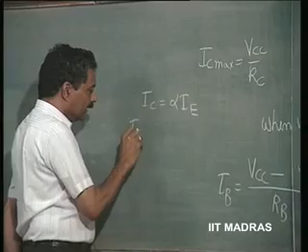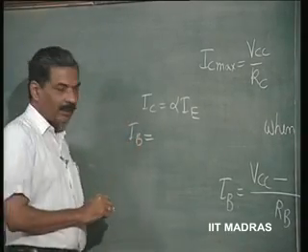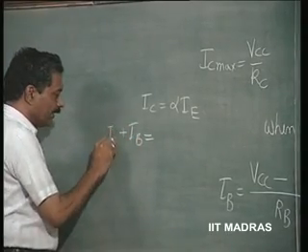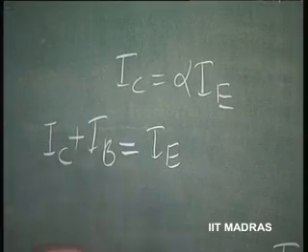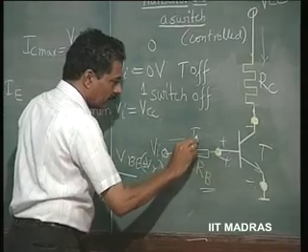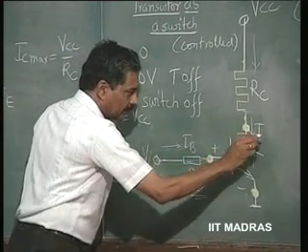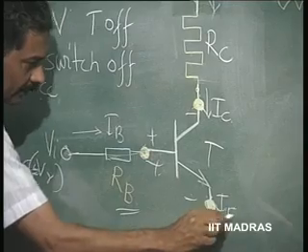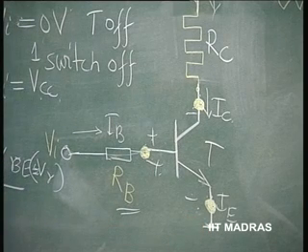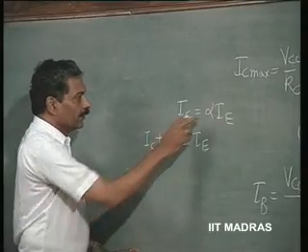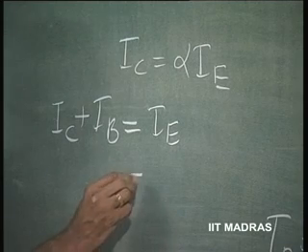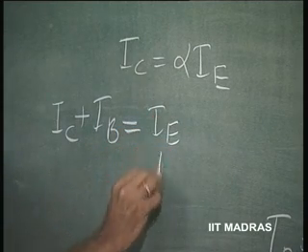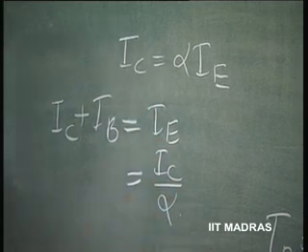Here we know IB. What is IB? We know that IC plus IB is equal to IE. This is always valid. This is IB, this is IC, and this is IE. IE is equal to IC plus IB by Kirchhoff's law, and if it is satisfied, IC is equal to alpha times IE. So, IE is equal to IC by alpha.